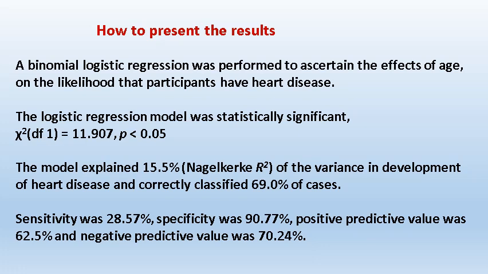The model explained 15.5% of the variance in development of heart disease and correctly classified 69% of cases. Sensitivity of the model was 28.57%, specificity was 90.77%, positive predictive value was 62.5%, and negative predictive value was 70.24%. This is the way you have to present the result in your publication.